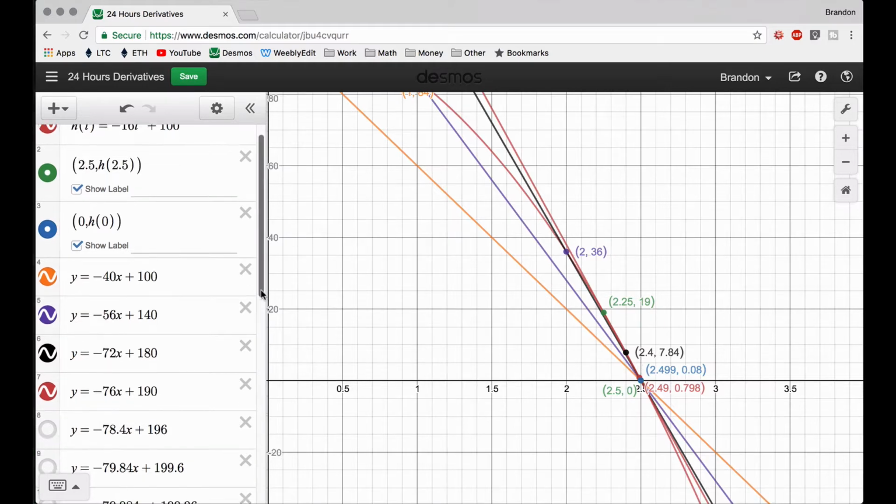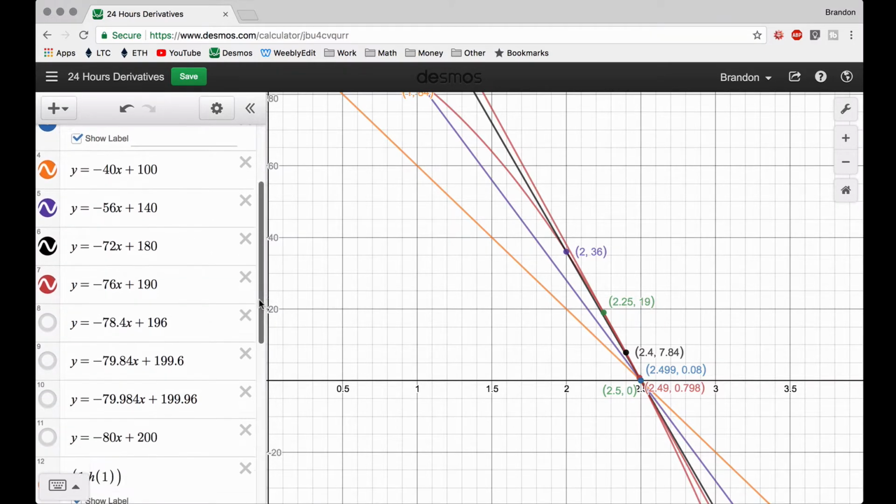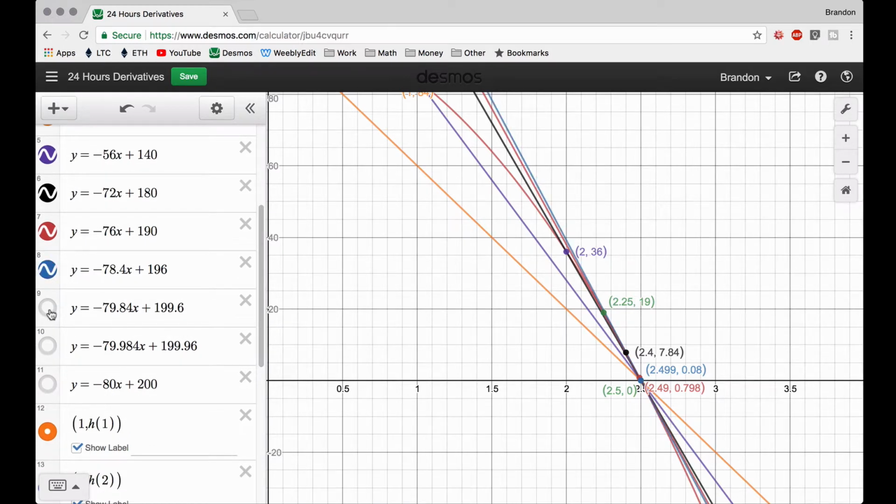But as we get closer and closer, these lines are almost going to become the same line. As I start clicking on these until right there, this purple line that you can barely see, and I'm getting ready to hide all the other ones, all of these other multicolored lines are technically passing through 2 points on the curve, whereas this one is tangent right at the point 2.5 comma 0.